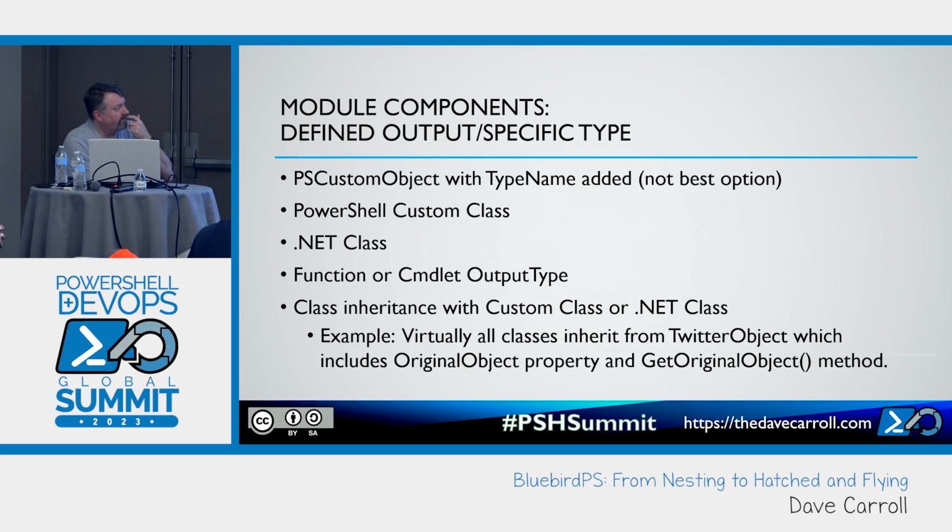Like the TwitterObject, that was the very base class that I have for Bluebird. It's got the original object, which is just the raw data that comes back from Twitter itself, and then the GetOriginalObject that lets you actually return that if you need to.